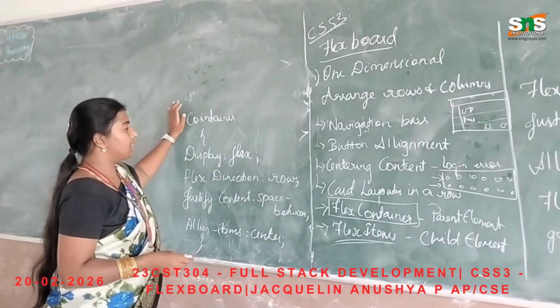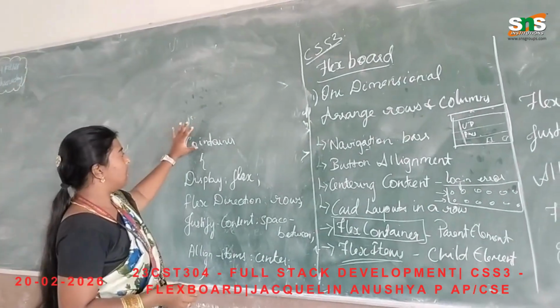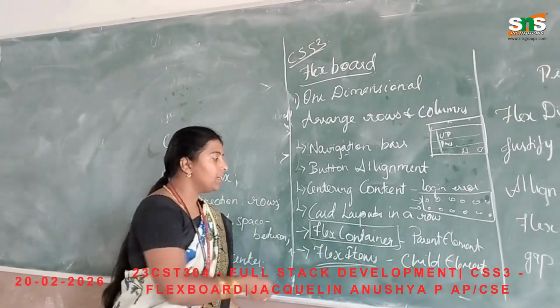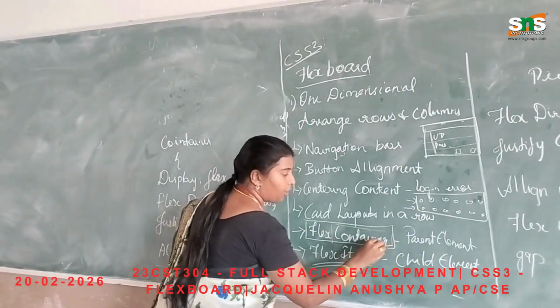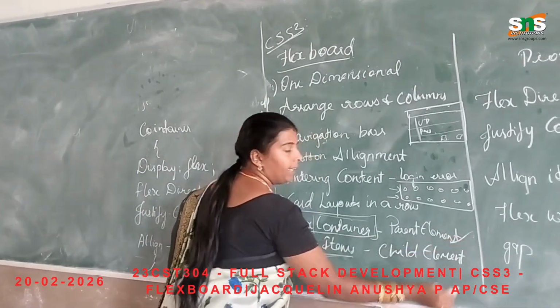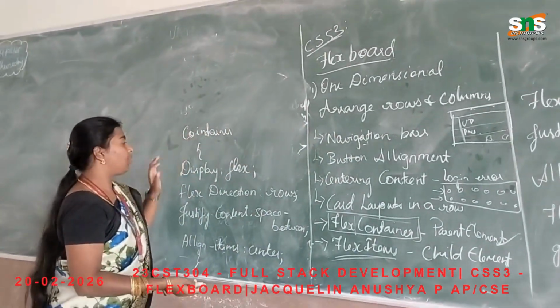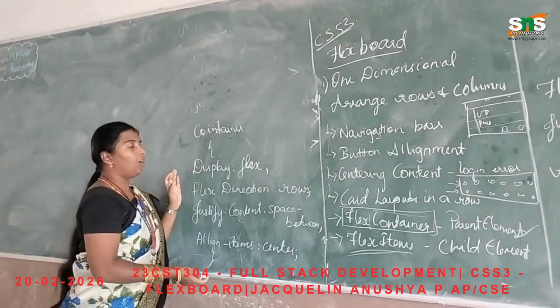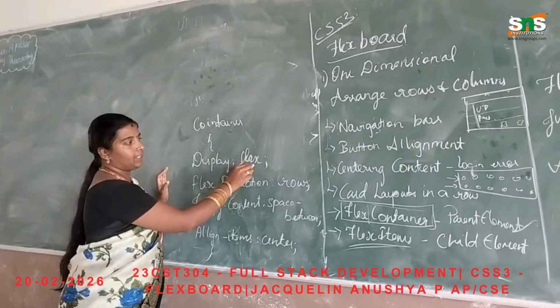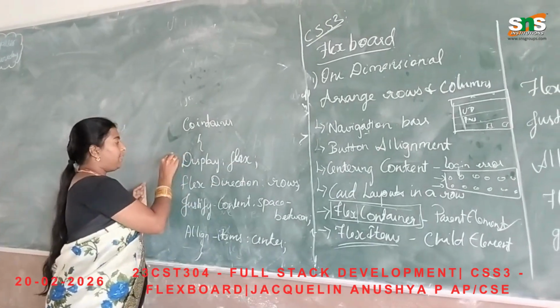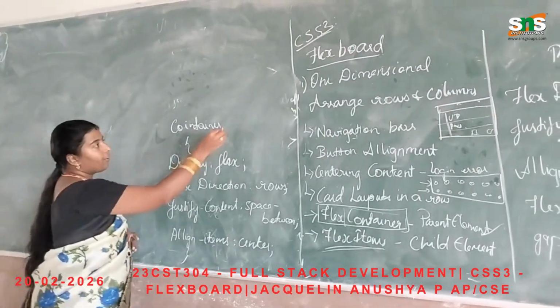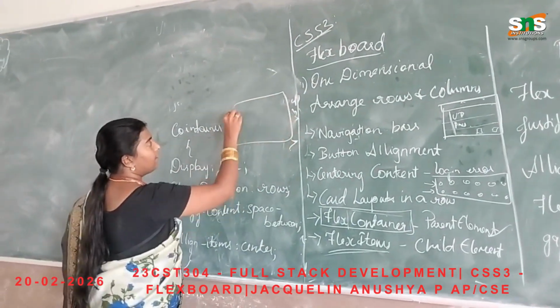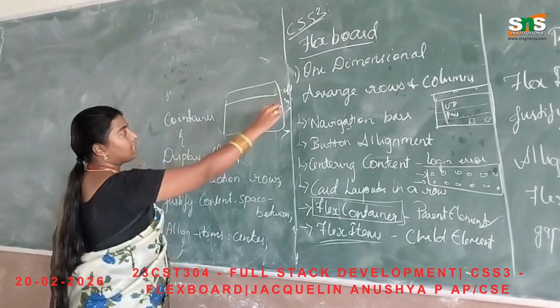Now I am opening the container, which automatically denotes the parent element where the container box is open. Next I want to display flex, so first I am displaying flex.